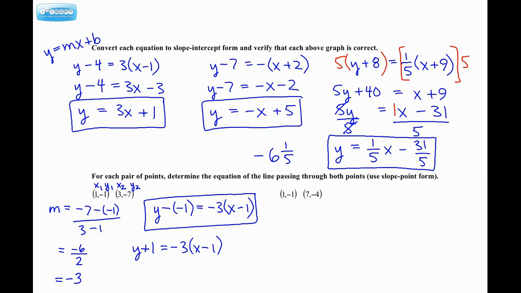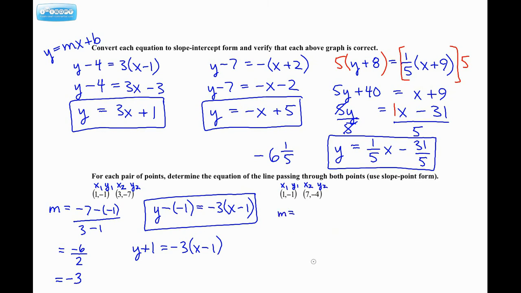Okay, let's try another one. So we have 2 points. We want to determine the equation of the line that passes through both of those points. We want to use slope point form. Well, we have 2 points, but we have no slope. Okay, so we need to figure that out. So this is my x1, y1, x2, y2. So let's figure out the slope.